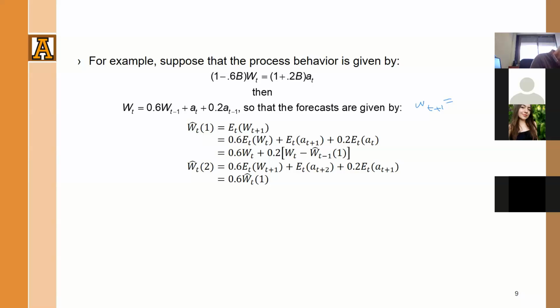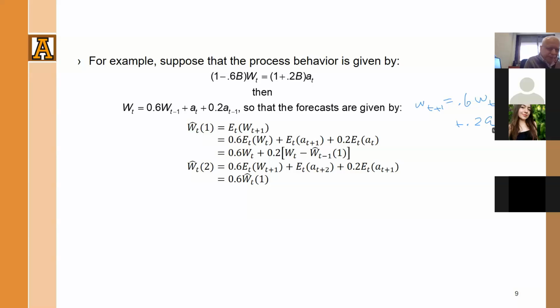So WT plus 1 will be 0.6 times WT plus 1 minus 1, which is WT, then plus AT plus 1, and then plus 0.2 AT plus 1 minus 1, which is AT.